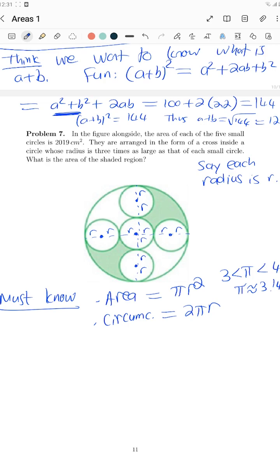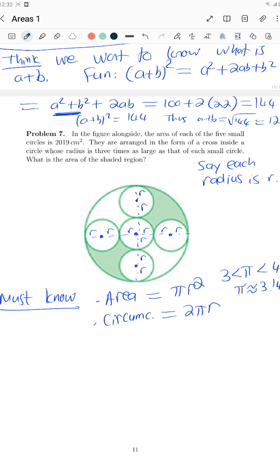Pi is known as an irrational number, meaning that it cannot be written as an integer divided by an integer. It's a very important mathematical constant, 3.1415, etc. And there are so many fun problems about pi that you can explore and play with.